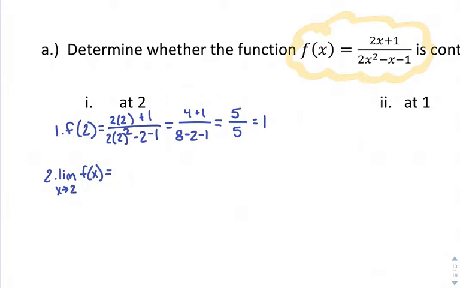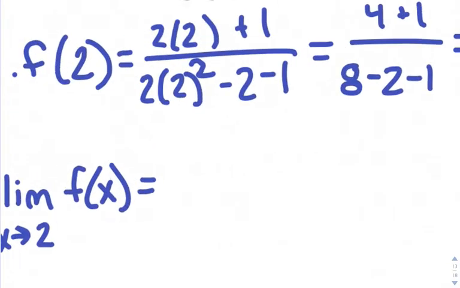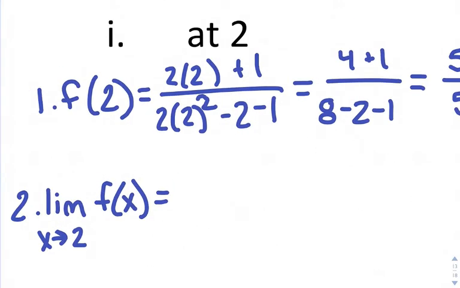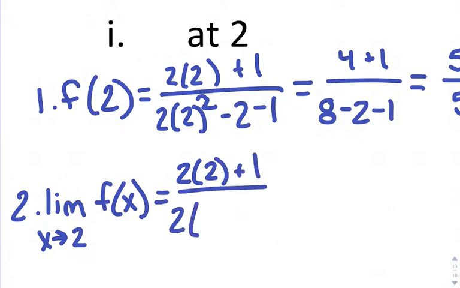Remember, if you ended up with 0 in your denominator, then you would have to factor. Here I don't end up with 0 in the denominator, so I don't have to factor and can just plug in 2 for my x value.